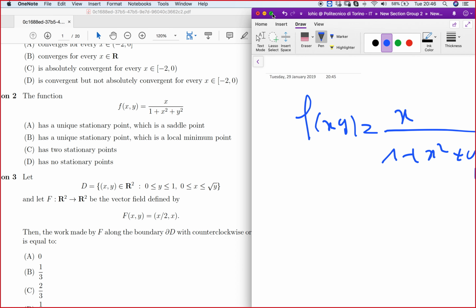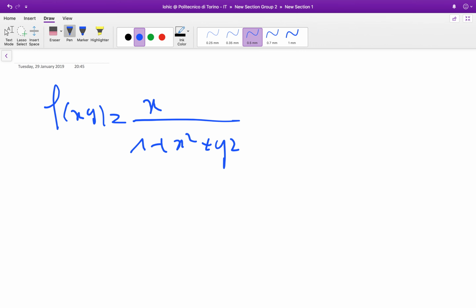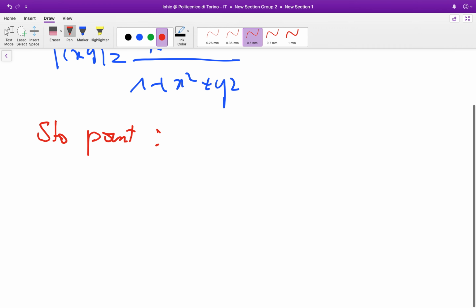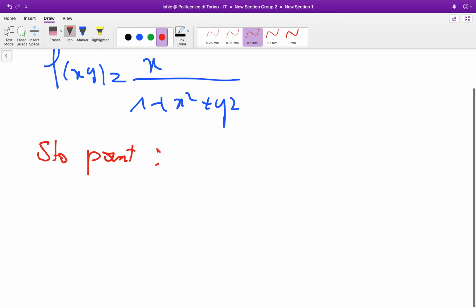So let's find what the stationary points are. What is a stationary point? When I have my function, first I compute the gradient of f.